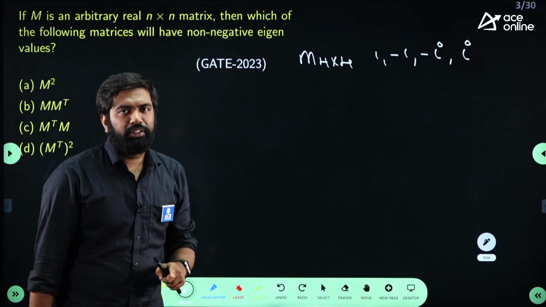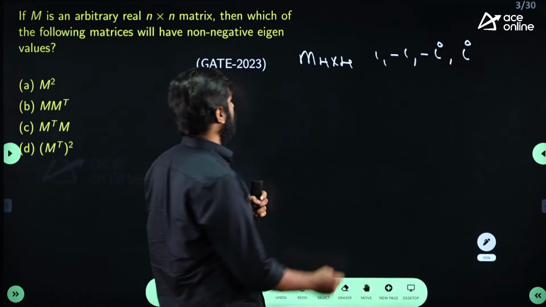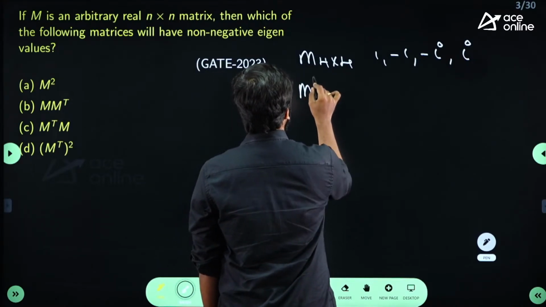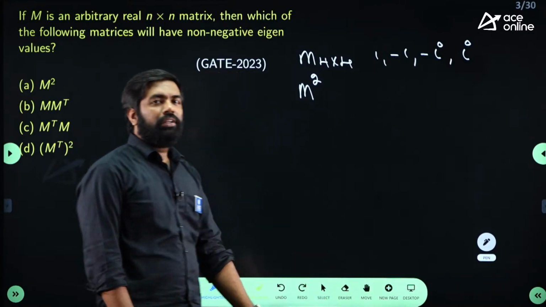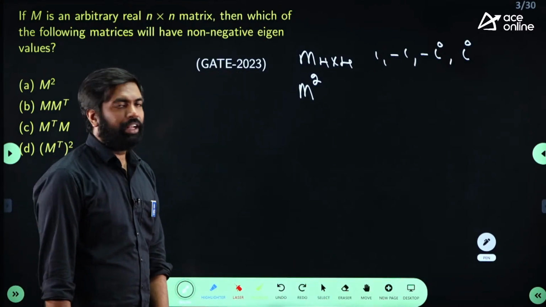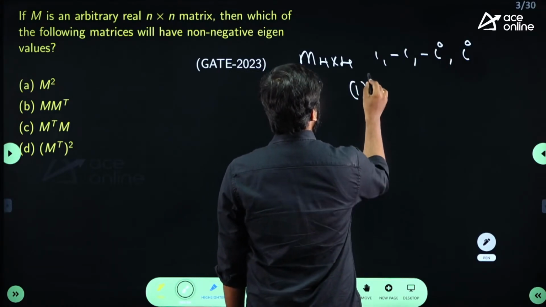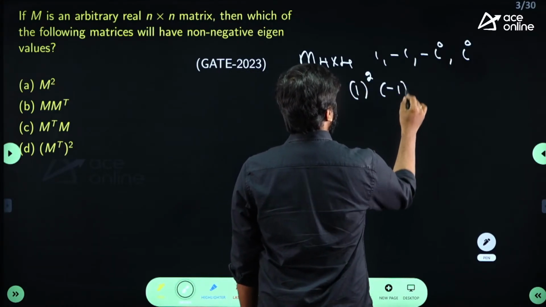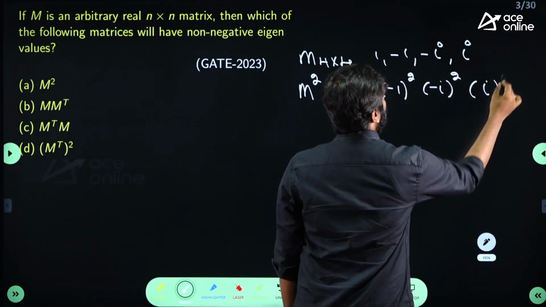Now why did I take like this? Let us see what are the eigenvalues of M square. We know from the properties of eigenvalues that if lambda is an eigenvalue of M, then lambda square is an eigenvalue of M square. So what would be the eigenvalues? It would be 1 square, minus 1 square, and then minus i square, i square.